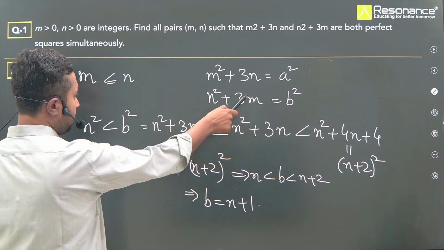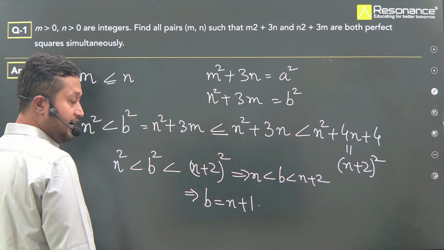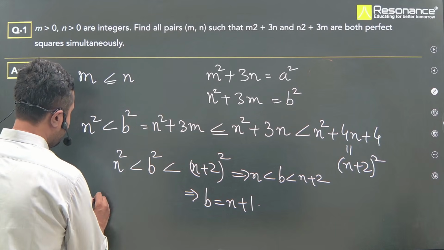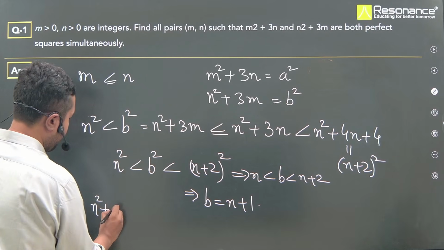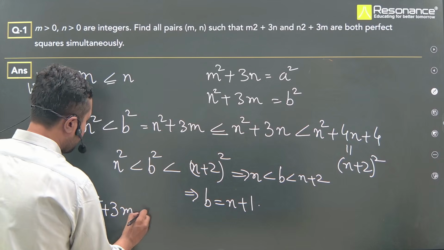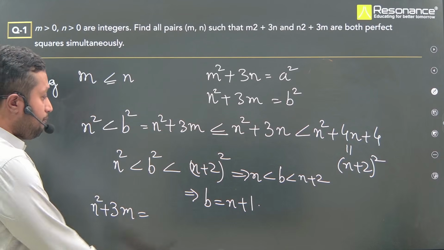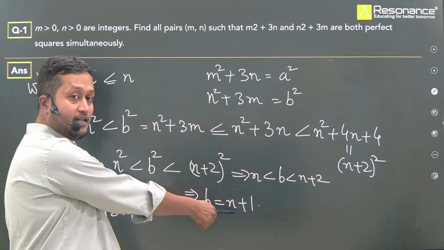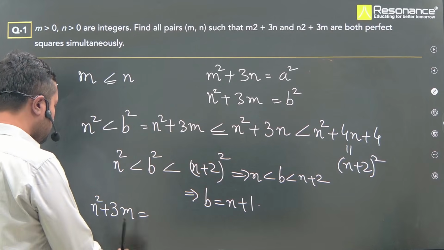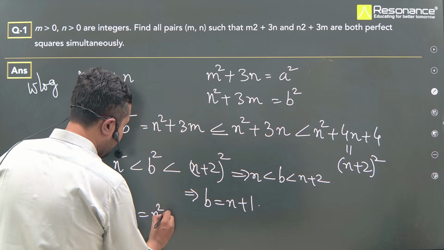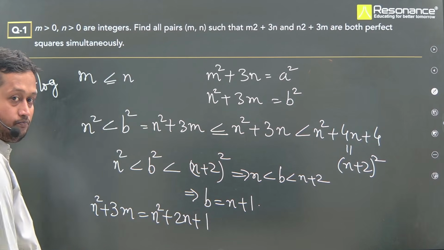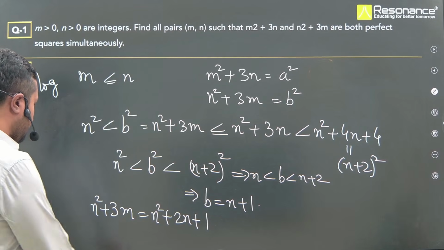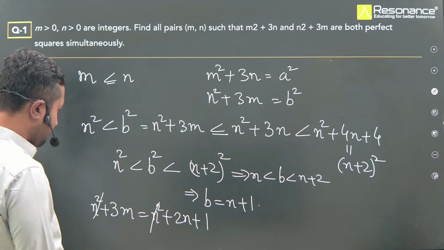Now let's just plug this information back and see what we get. So we have N square plus 3M is equal to B square, which is N plus 1 whole square. And N plus 1 whole square, I can expand as N square plus 2N plus 1. Right? So what does that give us?